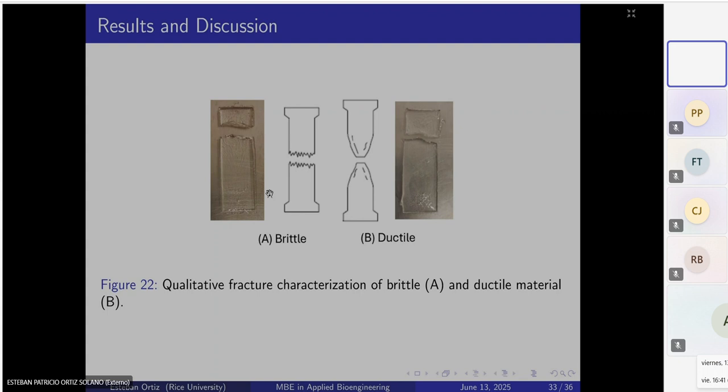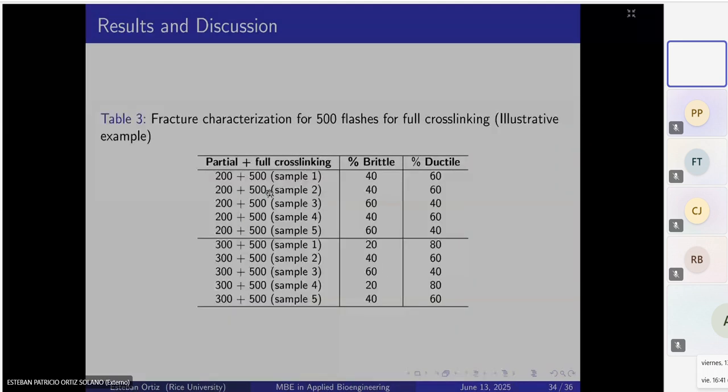What I mentioned is that it's really difficult to try to manage the real behavior of tissue engineering material with the techniques. So I just want to find this out exactly. Sometimes you have brittle behavior, sometimes you have ductile behavior.